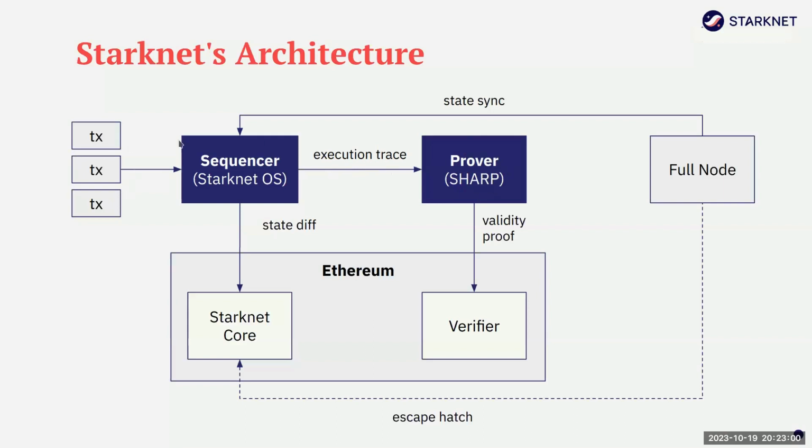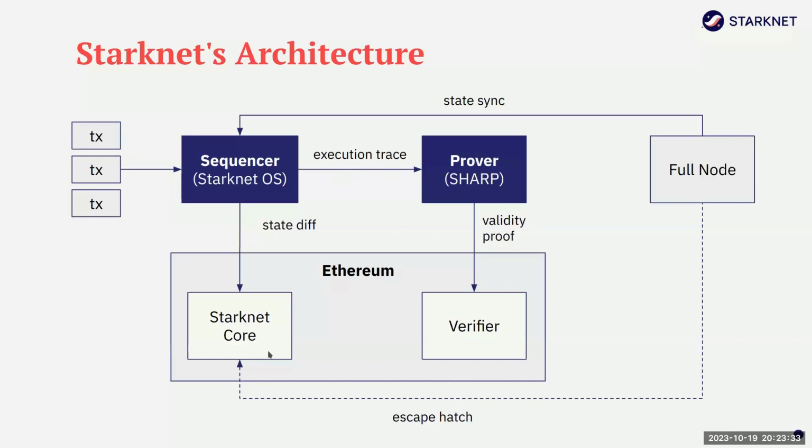So for every transaction you initiate on Starknet, it goes through the sequencer, which orders and then executes those transactions. You have execution traces, which are passed to the prover. The prover generates the proof, and this proof is then submitted to the verifier contract on Ethereum. And then on Ethereum, you have the Starknet core contract.